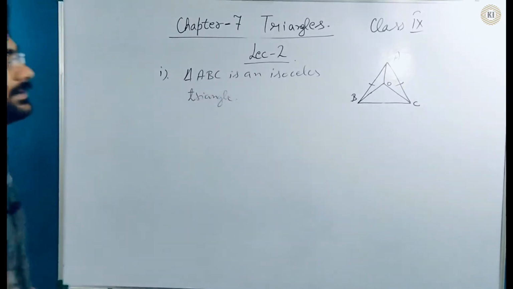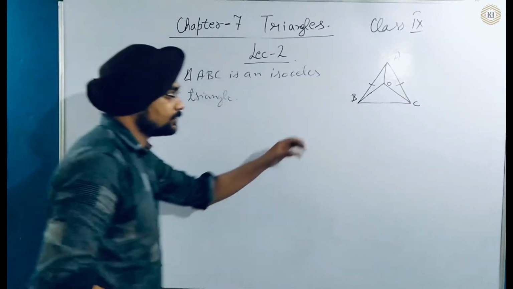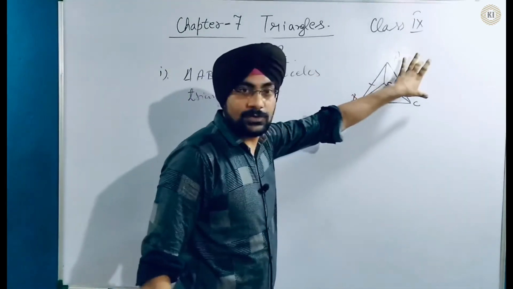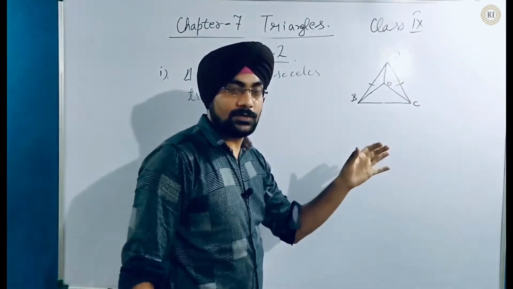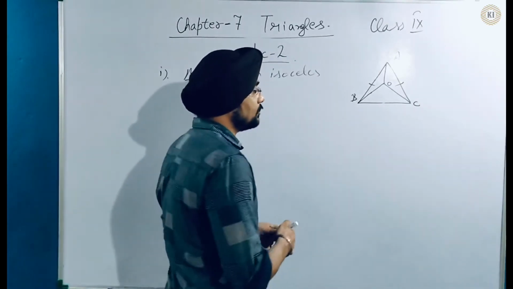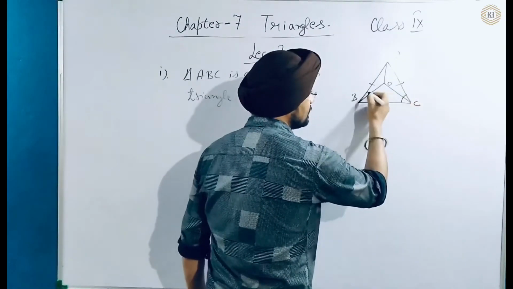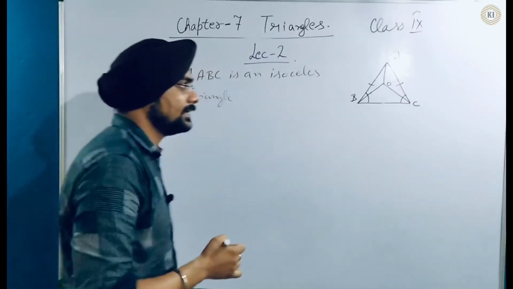Now see, whenever the triangle is isosceles, AB is equal to AC. So the angles opposite to the equal sides are also equal. So here angle C will be equal to angle B.